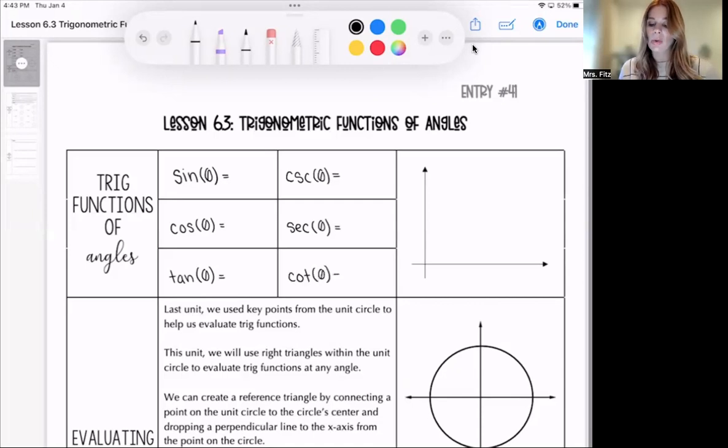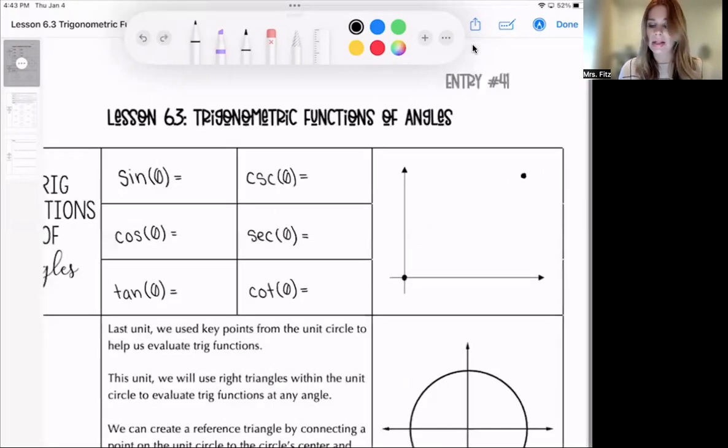Okay, so what we're going to be doing is drawing what we call reference triangles. Now, this one that I'm drawing is specifically in quadrant 1, but they're not all necessarily going to be in quadrant 1. So we have an angle. Let me redraw that a little nicer.